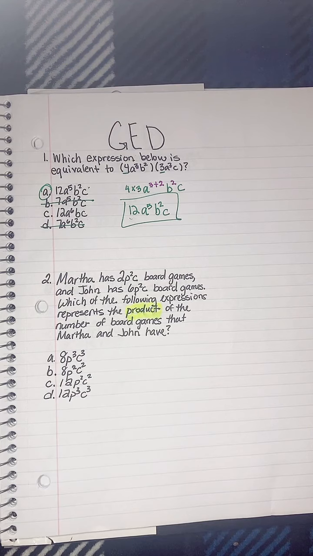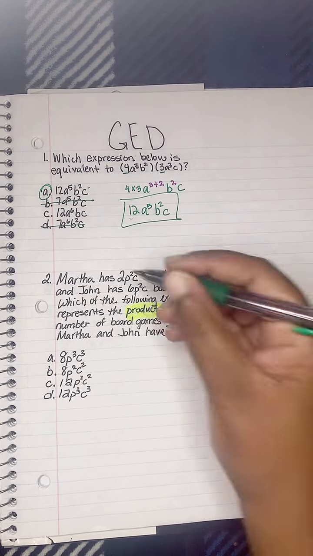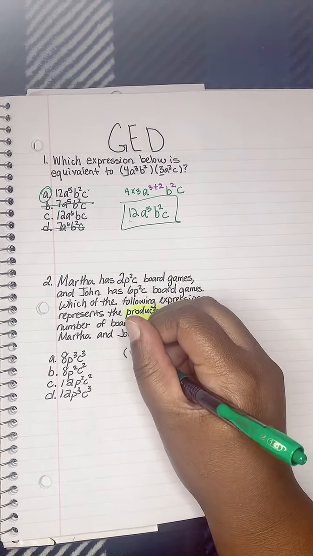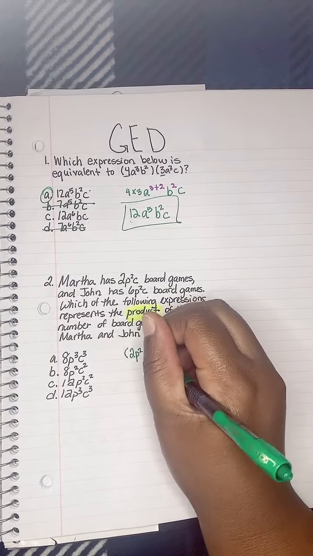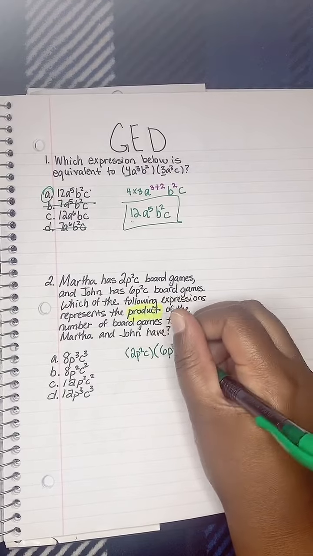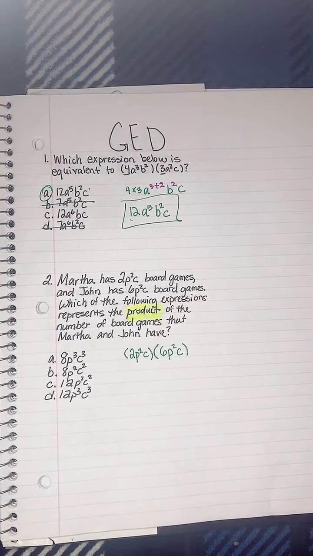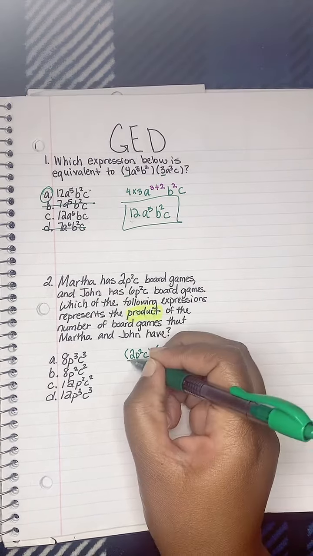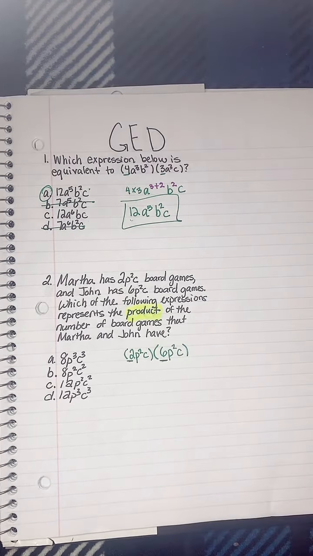Multiplication. Multiply. Yes, we're timesing. Perfect. Means the answer to multiplication. So what I'm going to do with this is I'm going to do 2P2C times John's pieces, which is 6P2C. Again, you take this 2 and you take this 6.